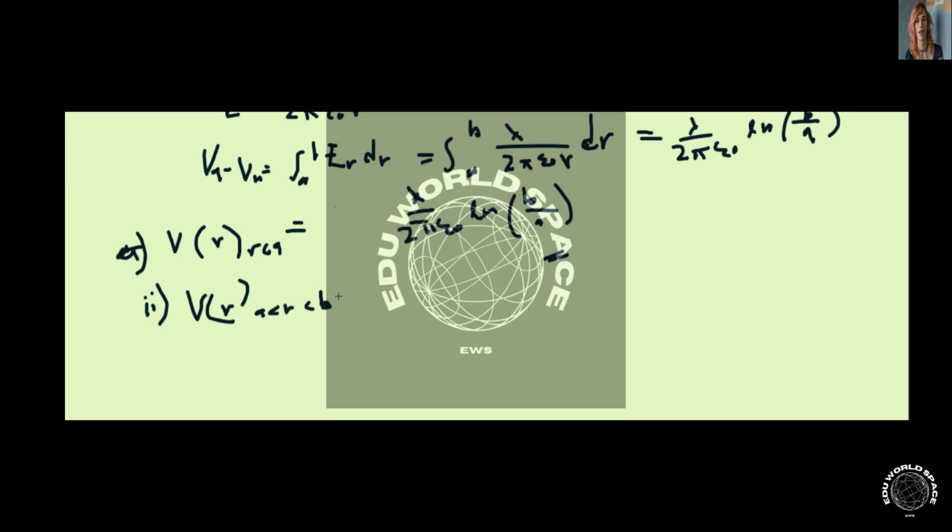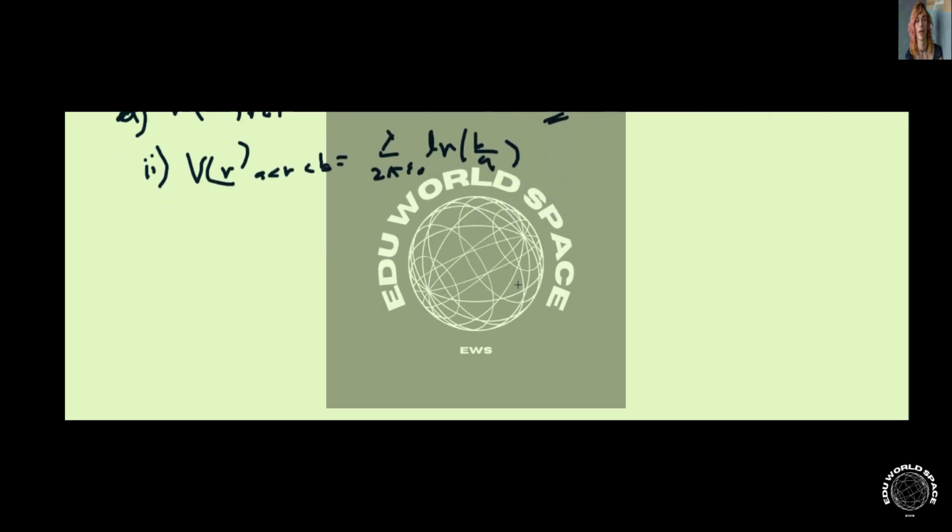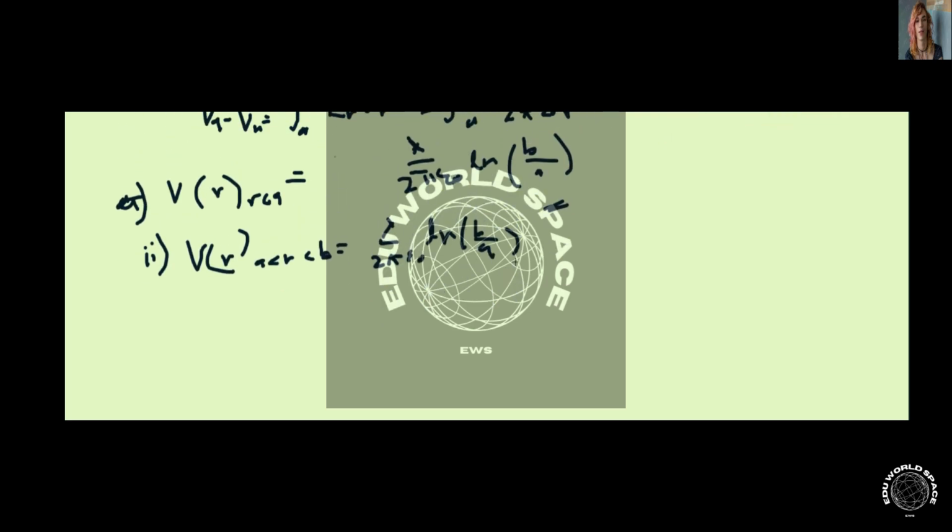At this point, it's once again lambda over 2 pi times the permittivity times the ln of b over r, and this is plus 0. So the potential at distance r is equal to this, with respect to r. And this is plus 0, but we don't need to include that here.